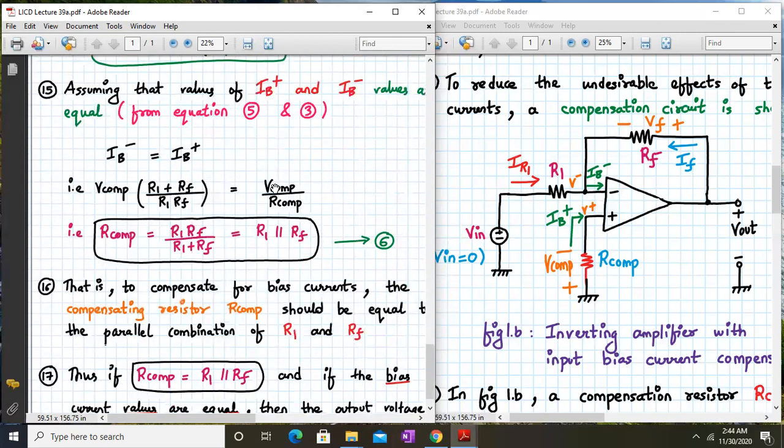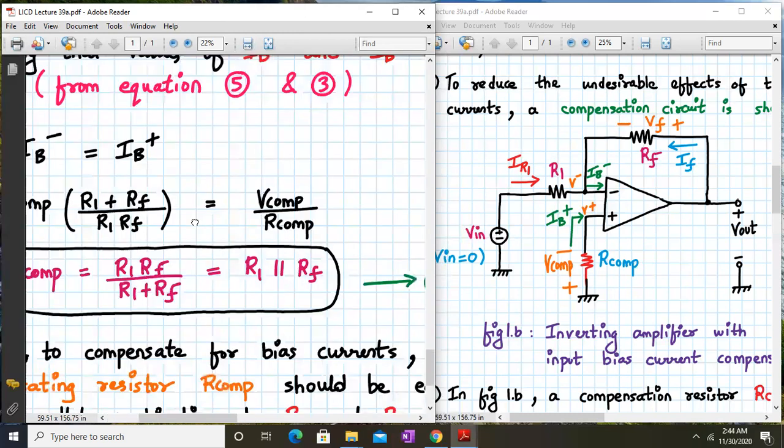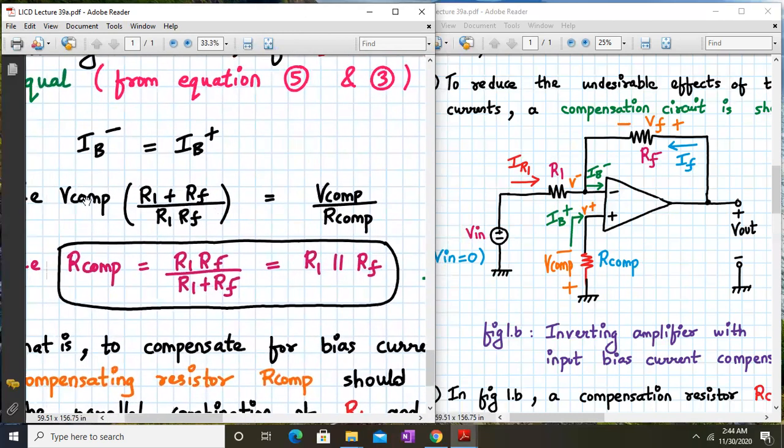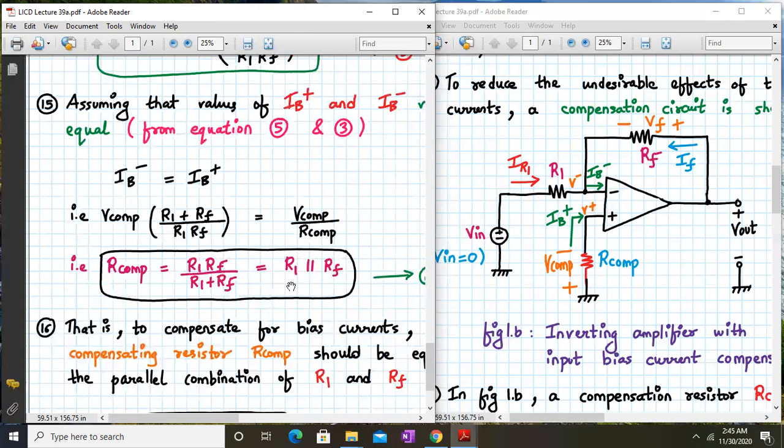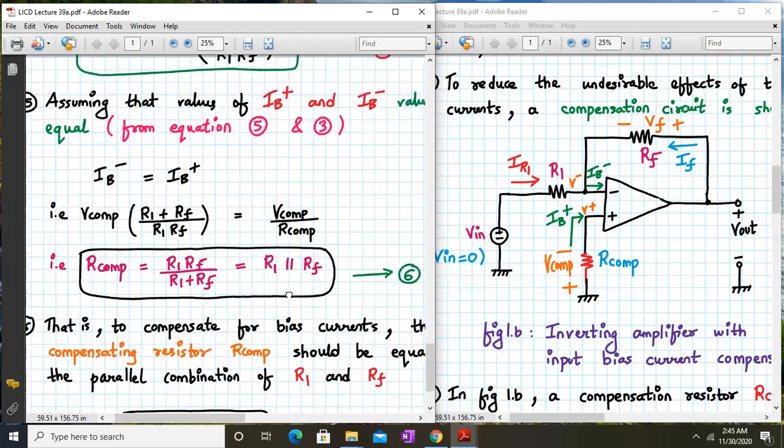So we substitute it over here. If you look carefully in this equation, we have VCOM which is common. So RCOM will be given by R1 RF upon R1 plus RF. That will be the parallel combination of R1 and RF, which will give us the value of RCOM.